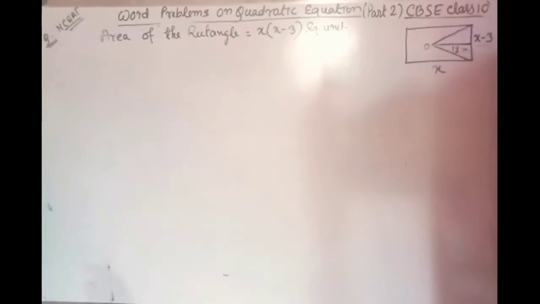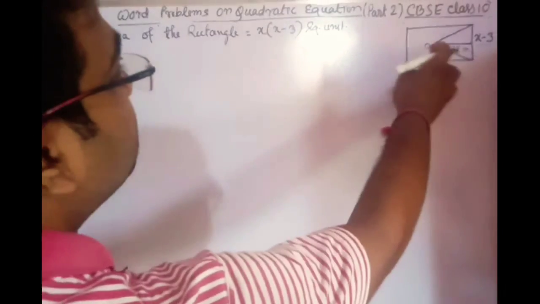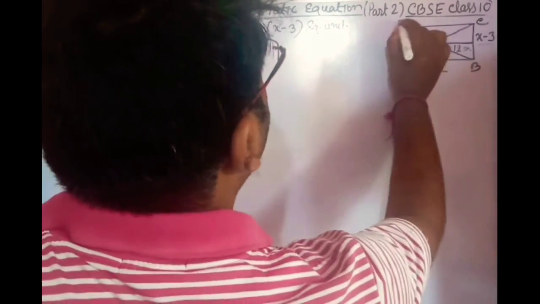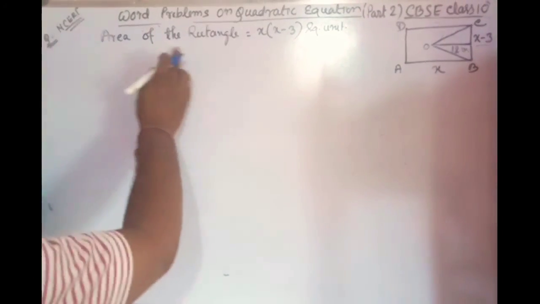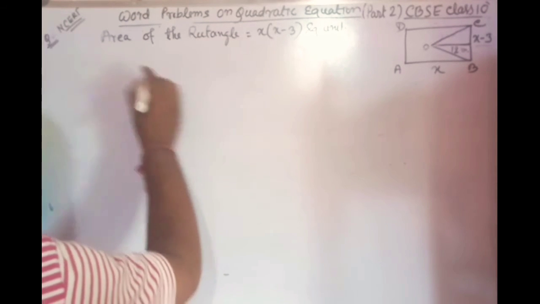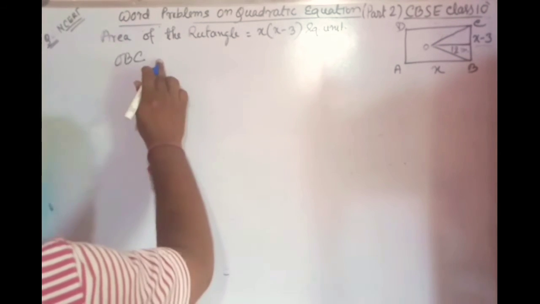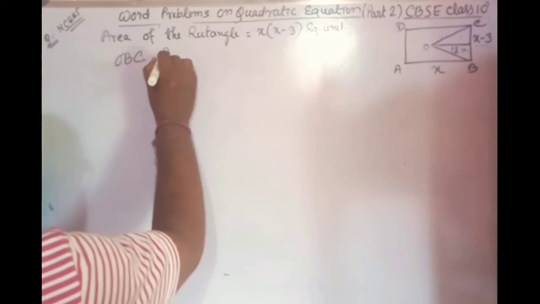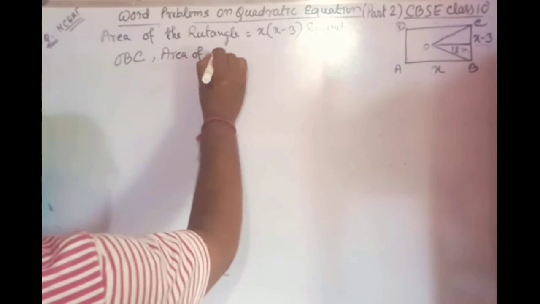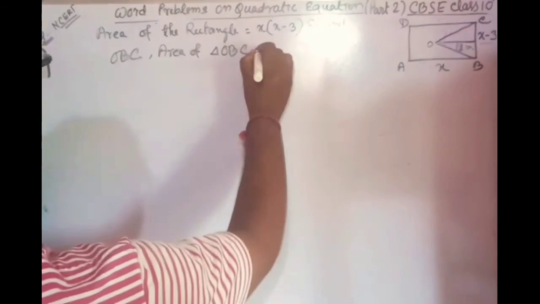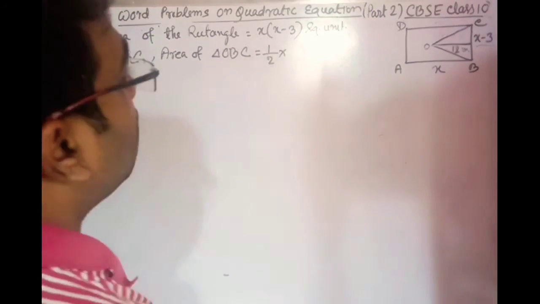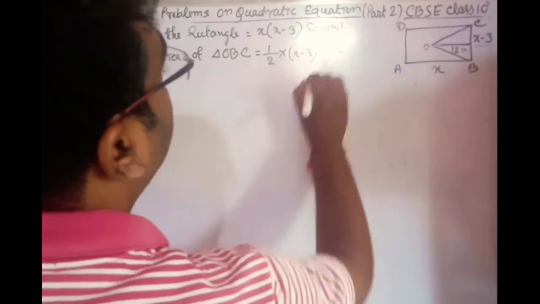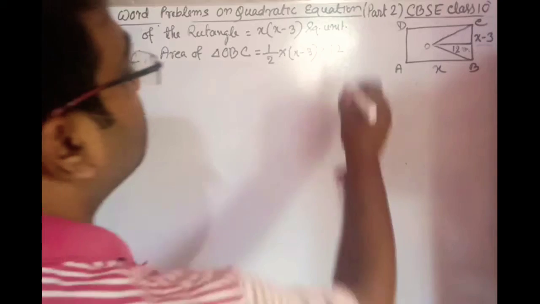Now if we name it A, B, this is C, this is D. If we take the isosceles triangle OBC, we will get the area of triangle OBC equals half into base, that means x minus 3, into 12 square units.